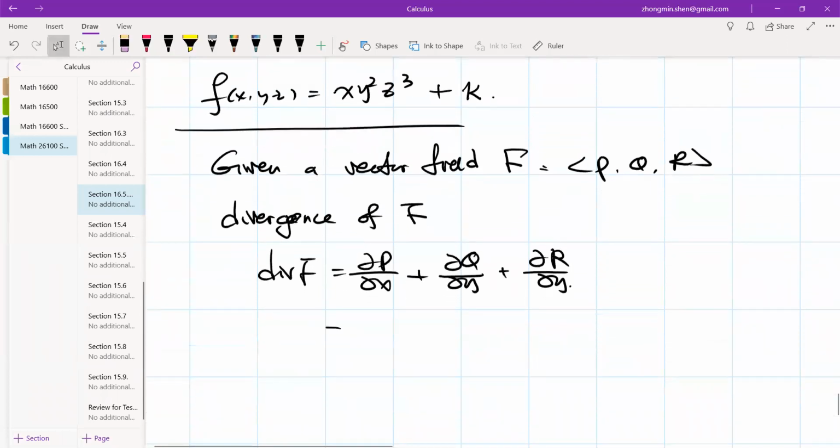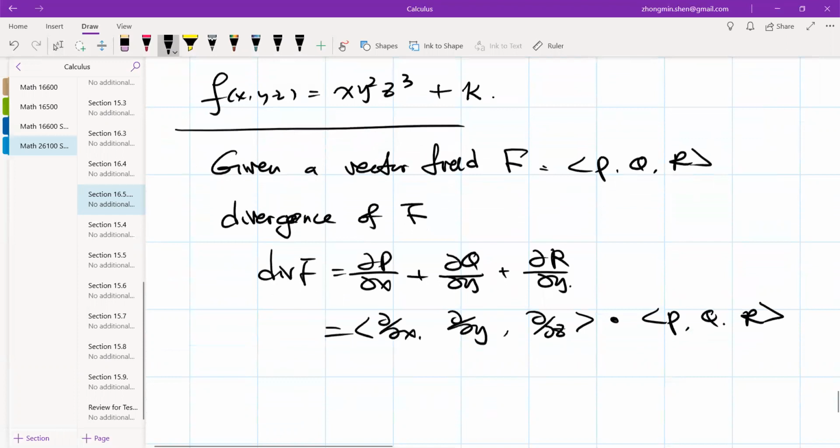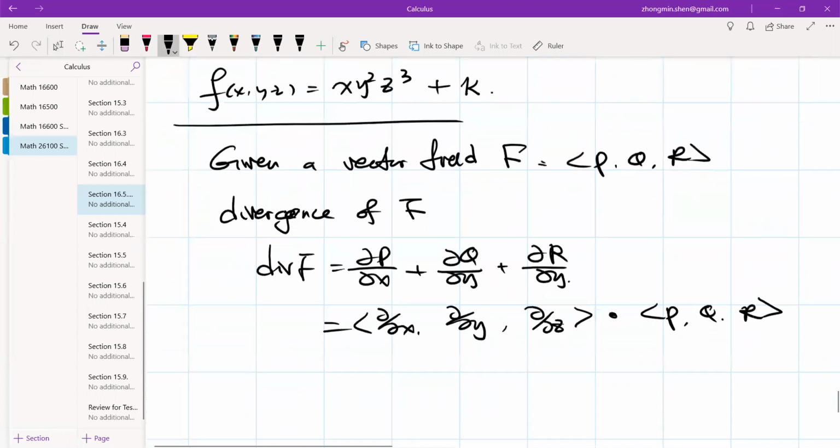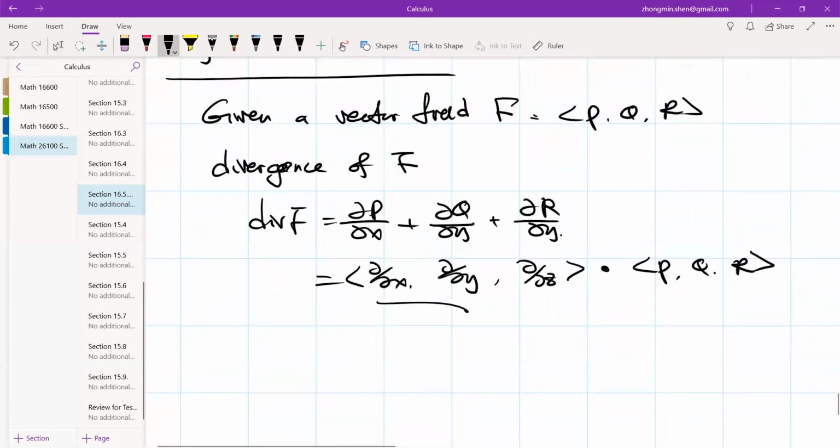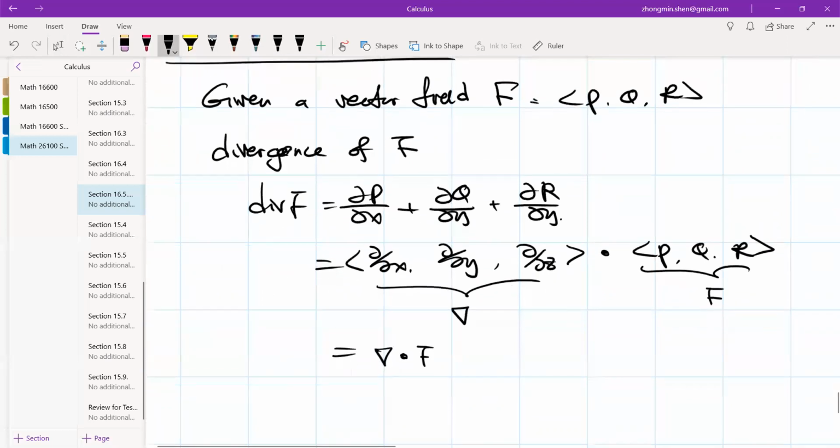Formally, you can write this notation as the dot product with P, Q, R. You may call this nabla, and this is F. So this can be viewed as nabla dot F. That's just notation.